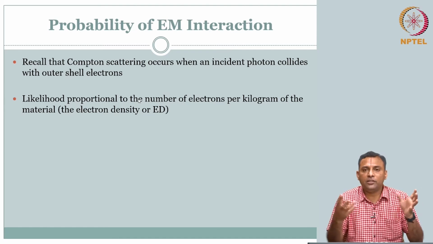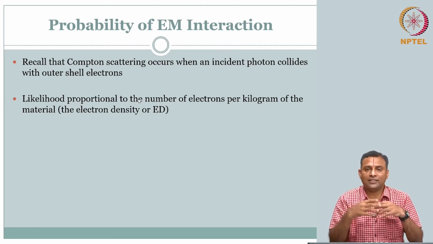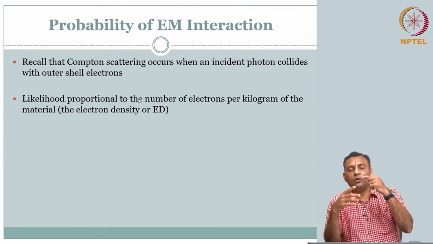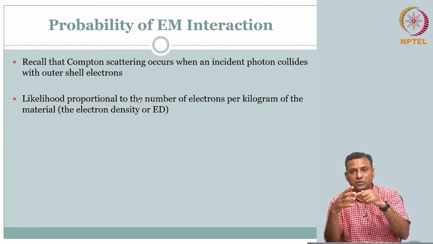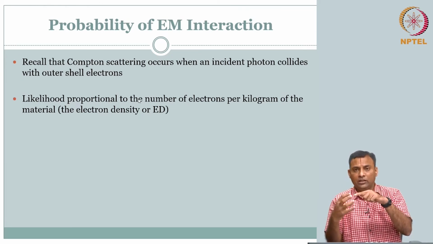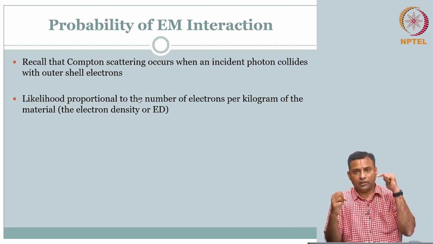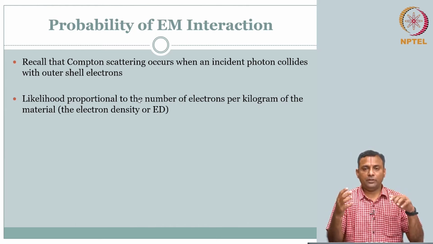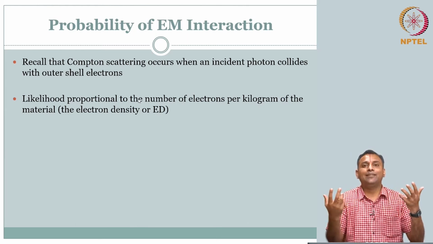The likelihood is, if you have more electrons, the chances are that it encounters an electron at the outer level before it is attracted by the nucleus, or goes towards the K electron. So, that means you have to maximize the electron density.